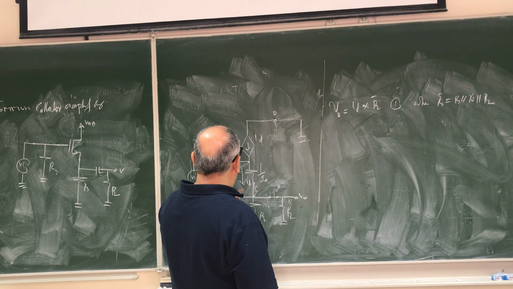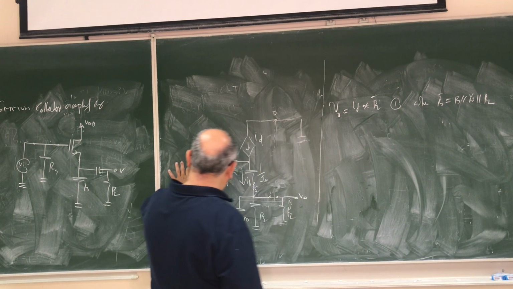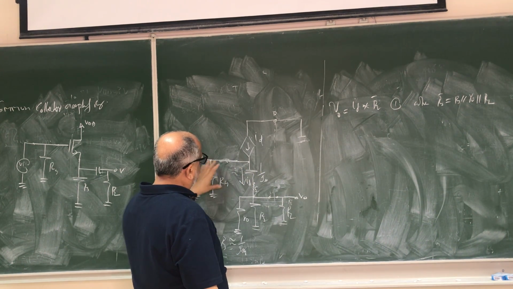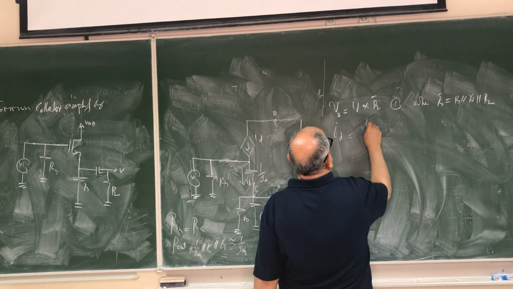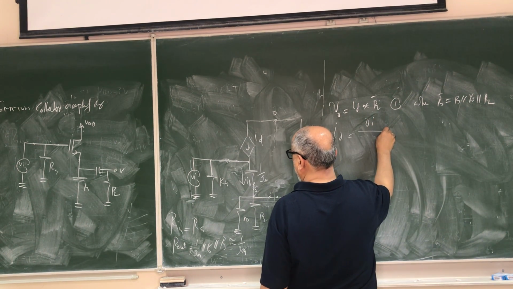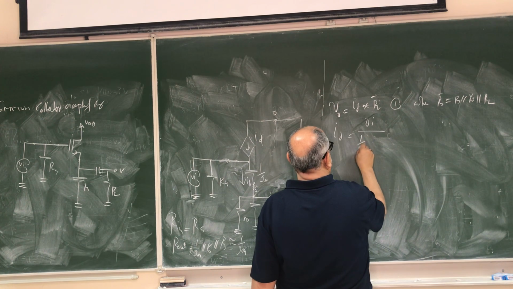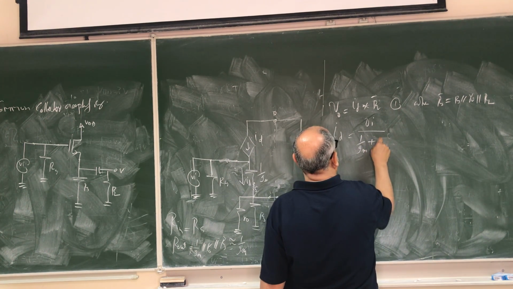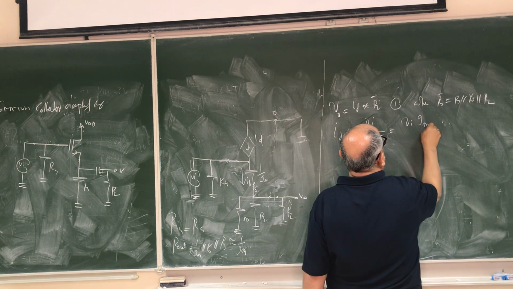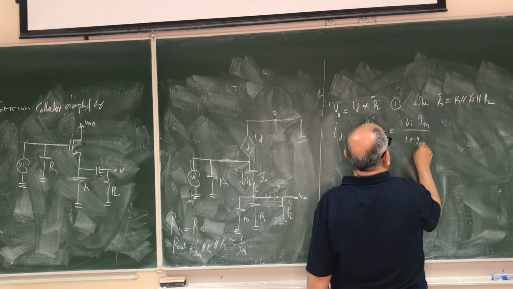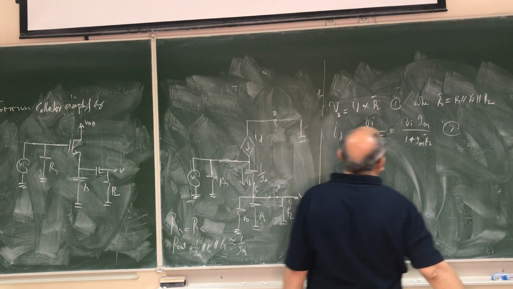Now, what is ID? ID is VI divided by the sum of the resistances. So ID is equal to VI divided by 1 over gm plus RL dash, equal to VI gm over 1 plus gm RL dash. So that is equation number 2.